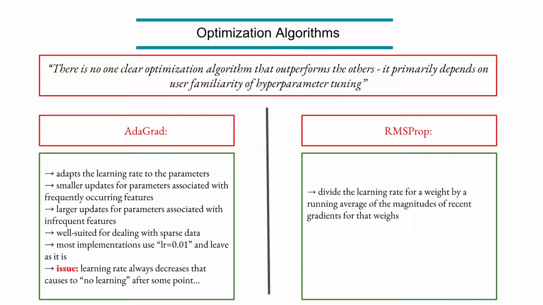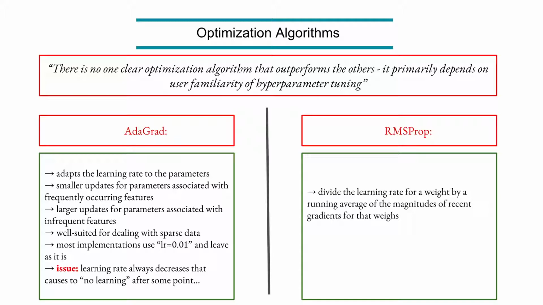It divides the learning rate for a weight by a running average of the magnitudes of recent gradients for that weight. This is not directly dividing by a fixed number, but instead dividing the learning rate using the previous iterations' gradients. So this is something like memory, keeping the previous steps in memory and then changing the learning rate.